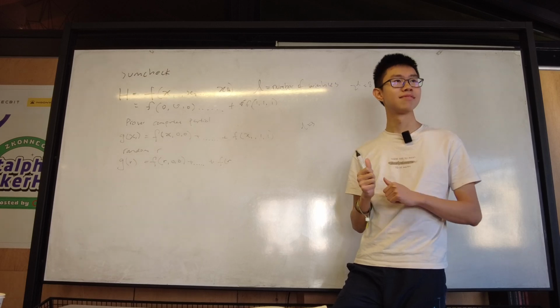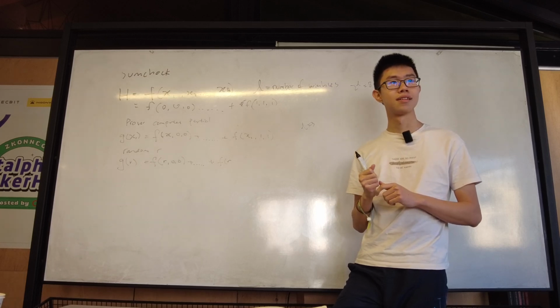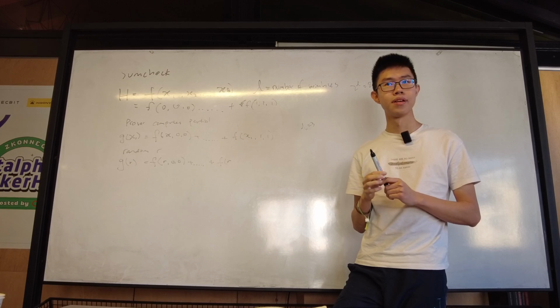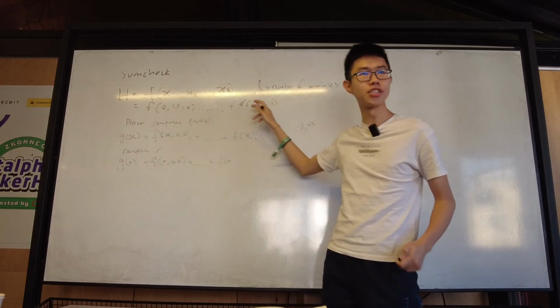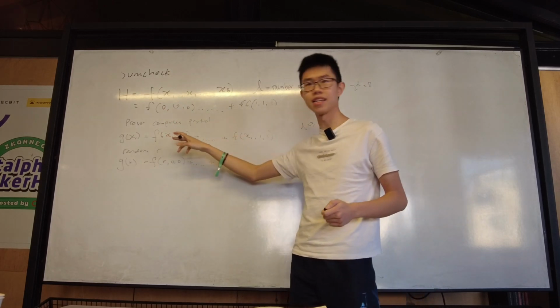The point is that the verifier doesn't want to compute all these 8 values, so the prover sends this partial sum.